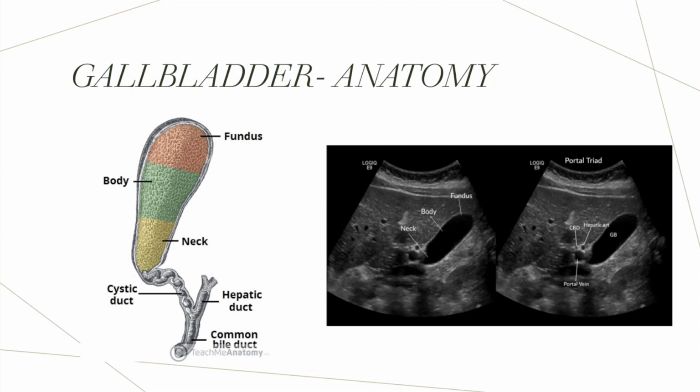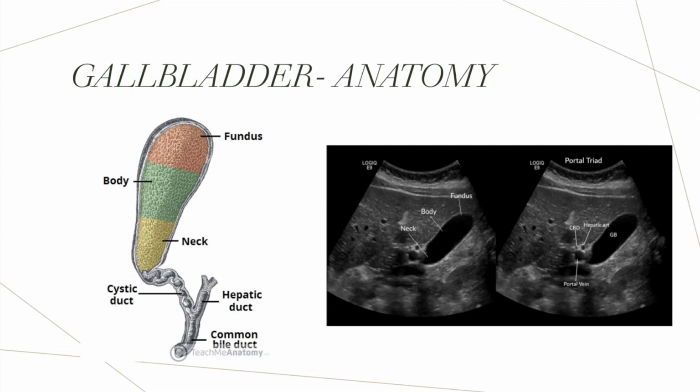Even though our focus is on gallbladder, we want to make sure that we see and identify all structures within the image itself. So here we see we have a curvilinear probe, which I'll go through on our next slide as well. We are in the medical orientation.